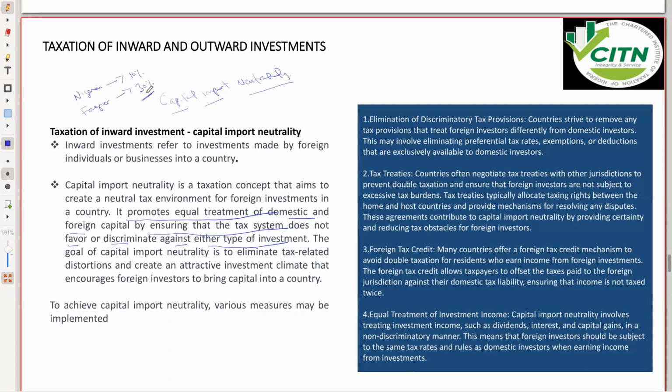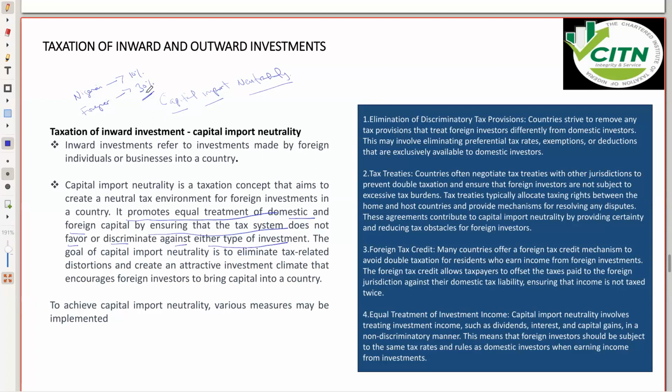So most tax authorities tend to apply these principles around import neutrality to ensure that we don't have this discrimination, that the taxation applicable to those that invest locally would also be applicable to those that bring in money to invest in the country. And that encourages foreign investment into your country when those that bring in their resources know that they are treated the same way in terms of taxation.